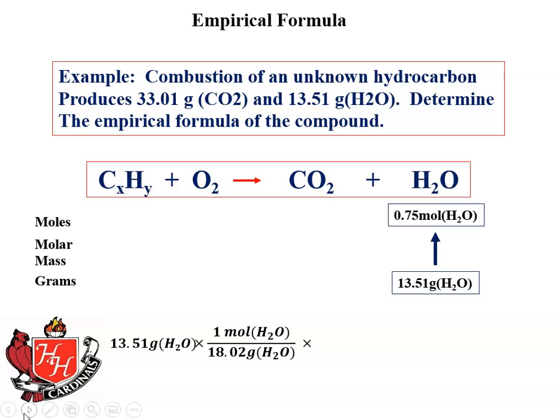And you can see that you need 2 hydrogen atoms for every molecule of water, or you need 2 moles of hydrogen atoms for every mole of water. So we're going to do that conversion. So it's 2 moles of hydrogen over 1 mole of H2O. And if you do the math, you end up with moles of H, and that's 1.5 moles of hydrogen. So now we see we had 0.75 moles of carbon and 1.5 moles of hydrogen.